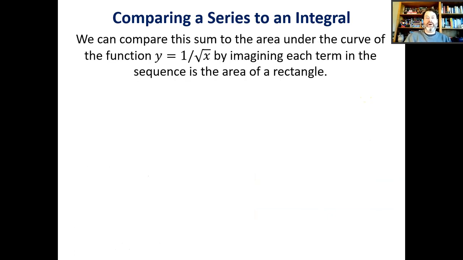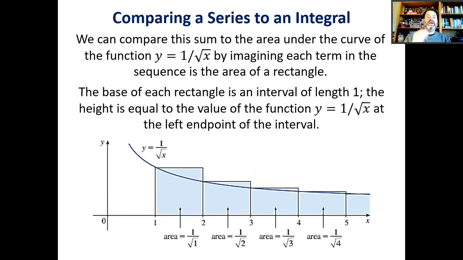So we're going to do another comparison to an integral. Same thing. Each term is going to have width 1 and the height determined by the function. Here we're going to use a left endpoint approximation. Our function is y equals 1 over radical x.